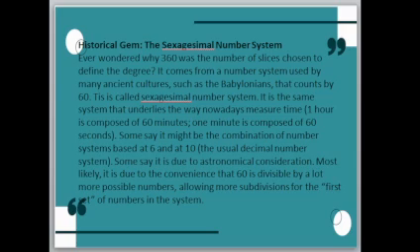That is the usual decimal number system. Some say it is due to astronomical consideration. Most likely, it is due to the convenience that 60 is divisible by a lot more possible numbers, allowing more subdivisions for the first set of numbers in the system.